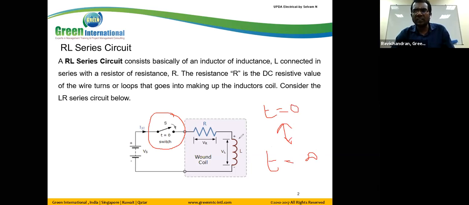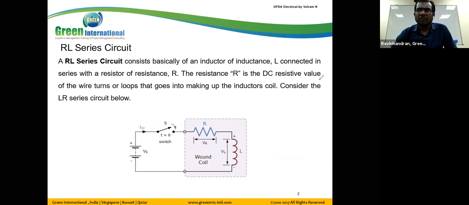These are the topics we are discussing today. So the RL series circuit consists of a basic inductor L and resistance R connected in series with a switch.